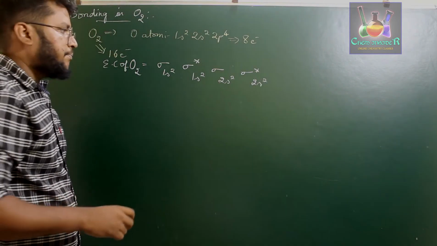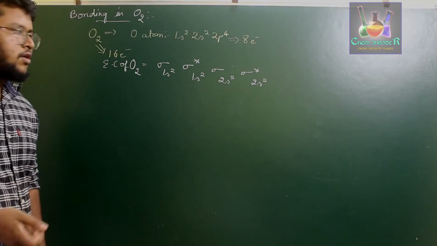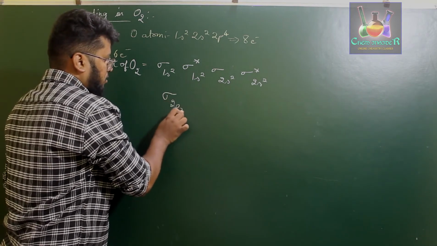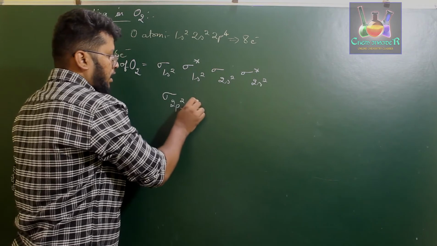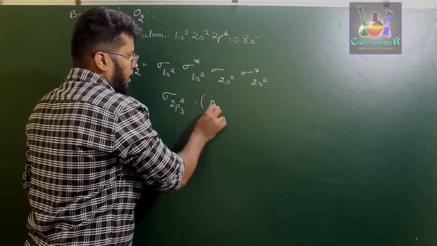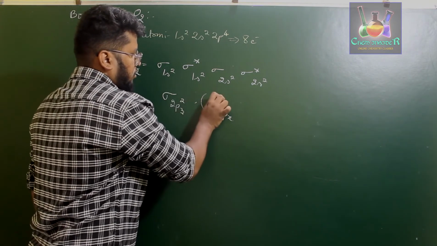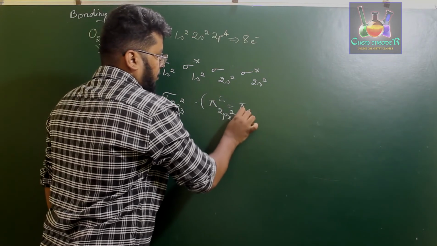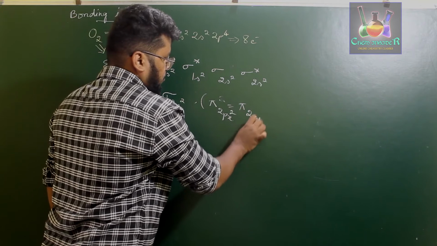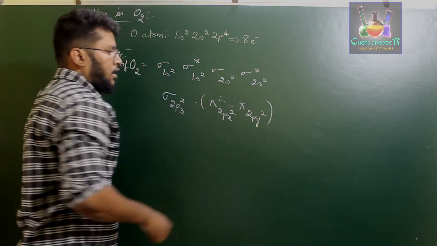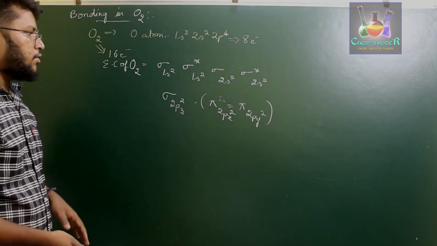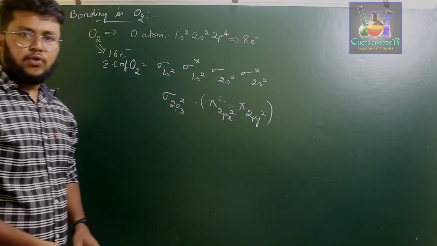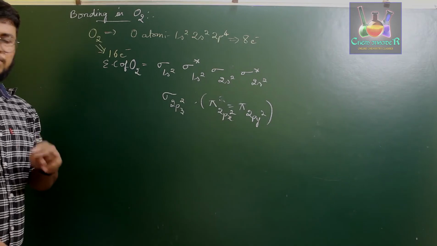Now for the p orbitals, we come across sigma 2pz2 first, then pi 2px2, which is equal in energy to pi 2py2. Both of them carry 2 electrons each. Now if we calculate the total number of electrons here, it is 8 plus 6, 14 electrons. So we are left with just 2 electrons.